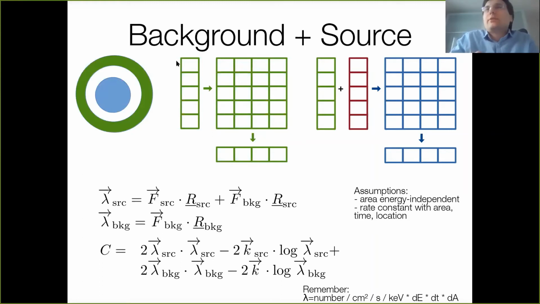So this is exactly what I described before. And for this data set down here, your counts down here, you have your background model, which you scale based on the area. And you have your actual astrophysical source model, the one you're actually interested in. You add them together, you convolve them with your response, and then you compare with your data.